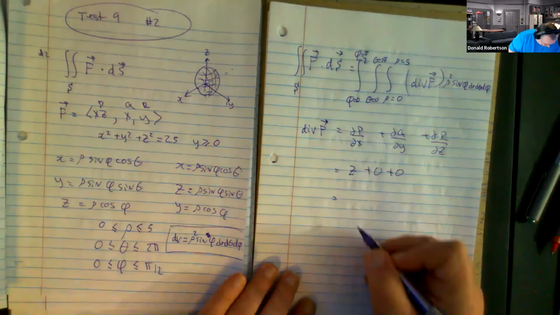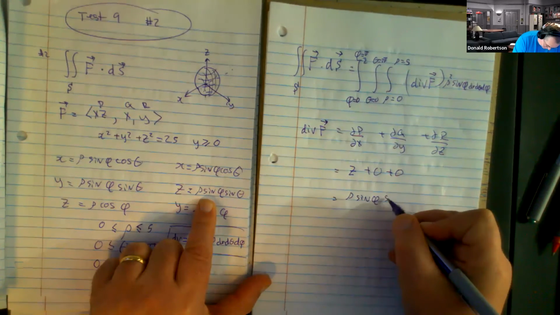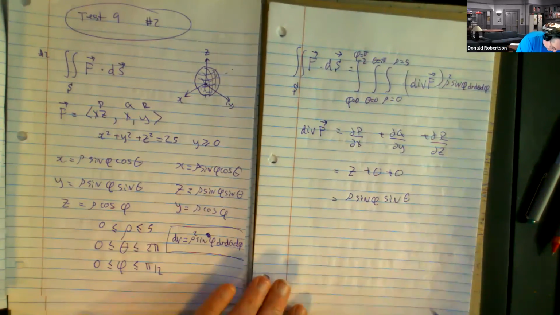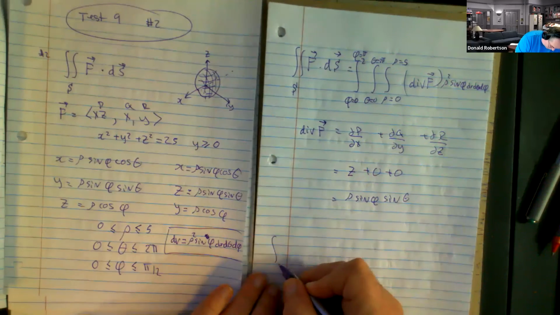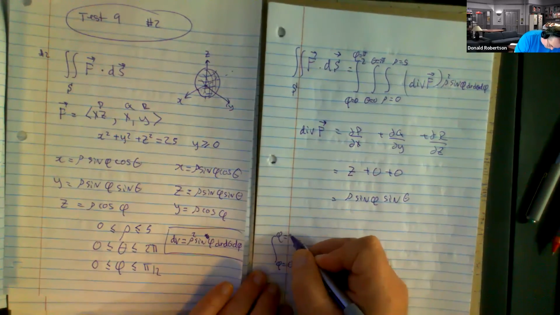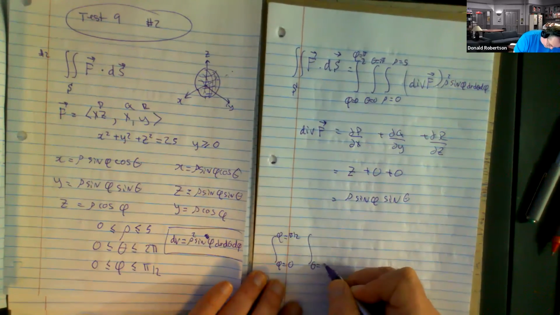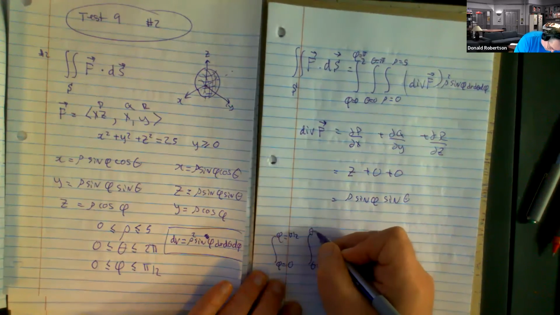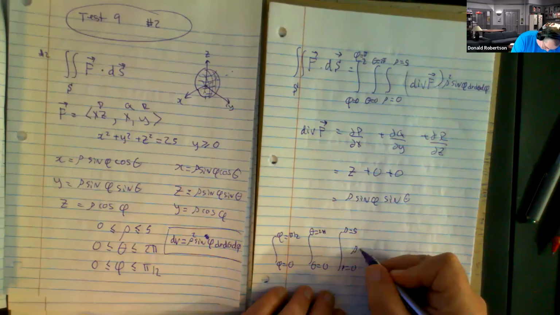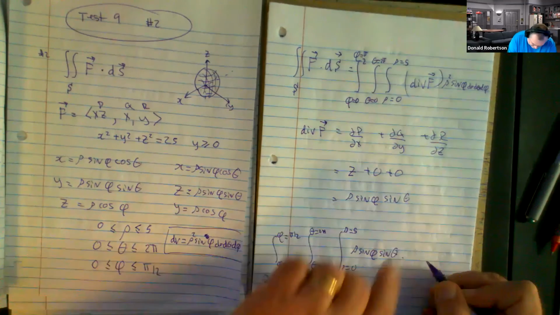And z is going to be rho sine phi sine theta, right? So my integral is going to go from phi equals 0 to pi upon 2, from theta equals 0 to 2 pi, from rho equals 0 to rho equals 5. The divergence, which is this guy, times this.